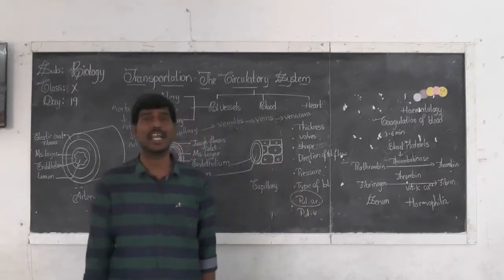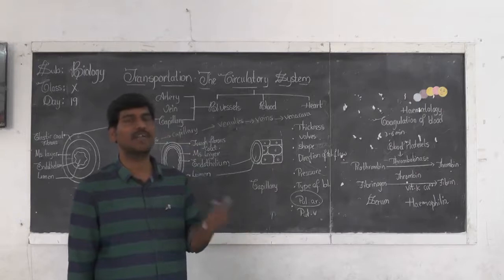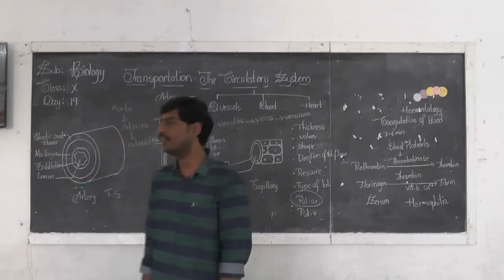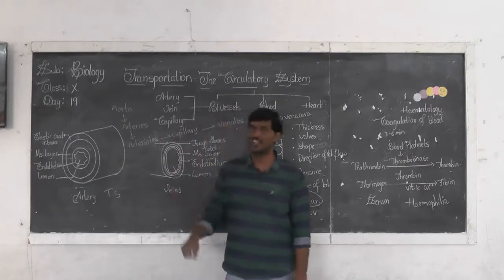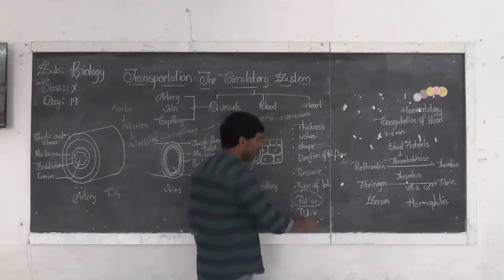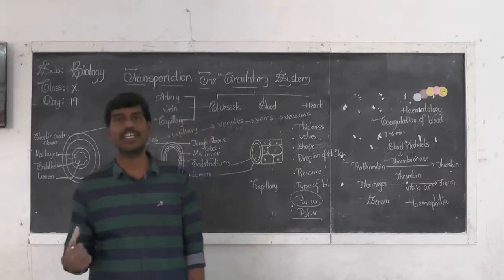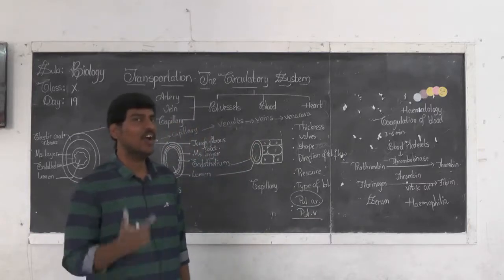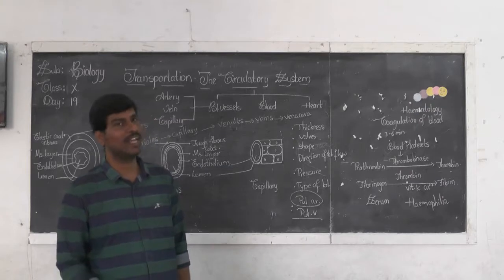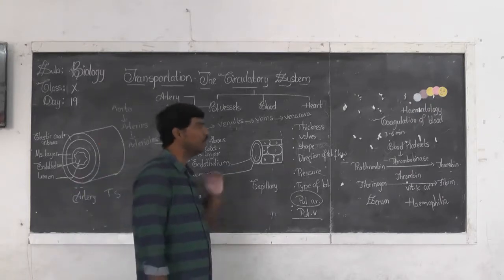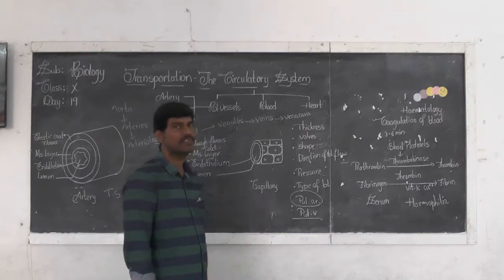The pulmonary artery carries deoxygenated blood to the lungs for oxygenation. All veins carry deoxygenated blood except pulmonary veins, which originate in the lungs and carry oxygenated blood to the heart, right? So these are a few differences between arteries and veins.